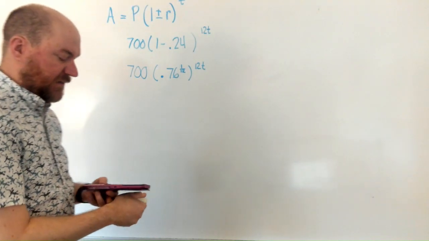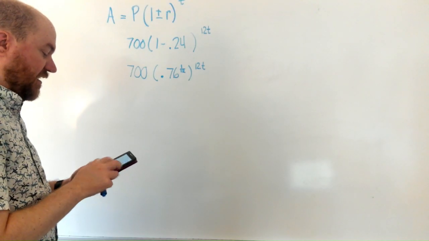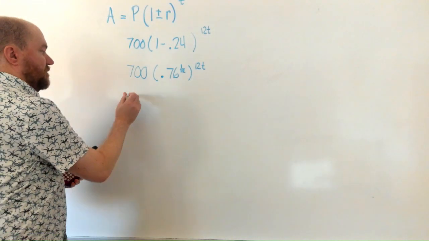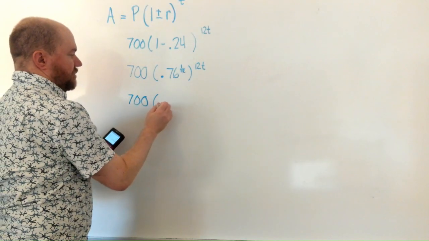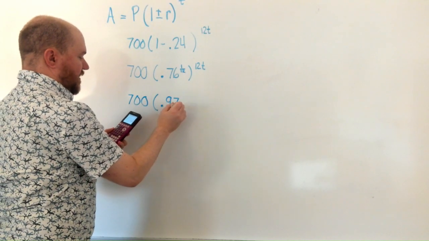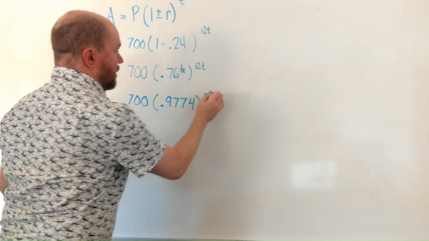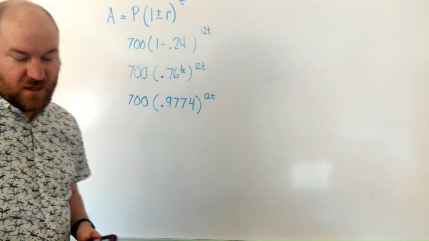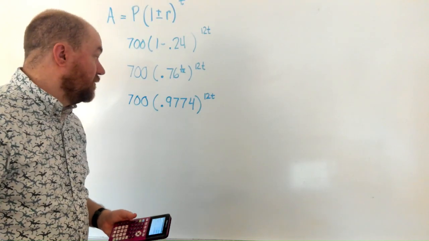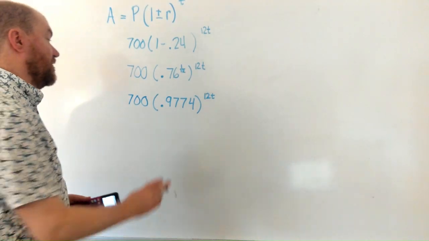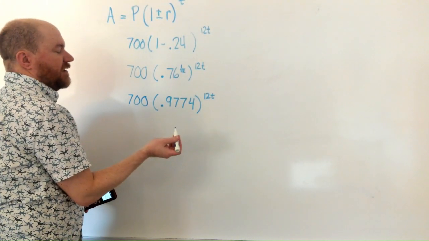And we end up getting 0.9774. And now, what does that mean? That means how much is it growing or decaying by every month?